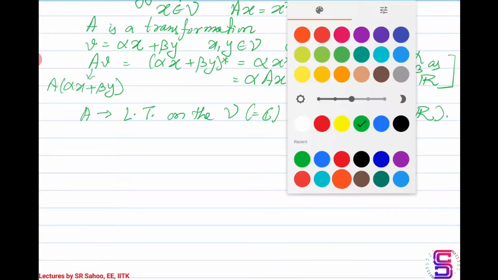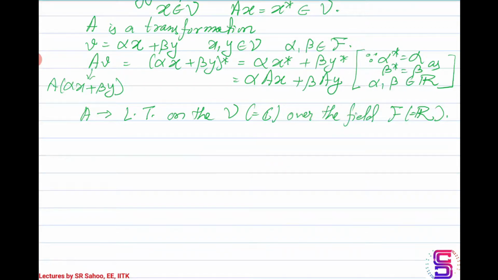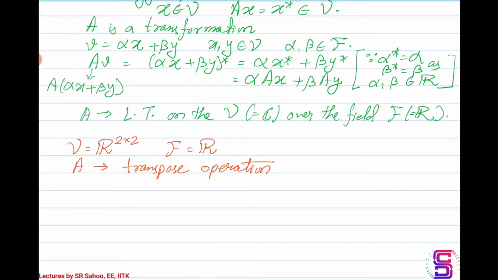Consider another example. Suppose you have a vector space which is the set of real 2 cross 2 matrices, and the field is the reals. Let us say that A is the transpose operation that you do.